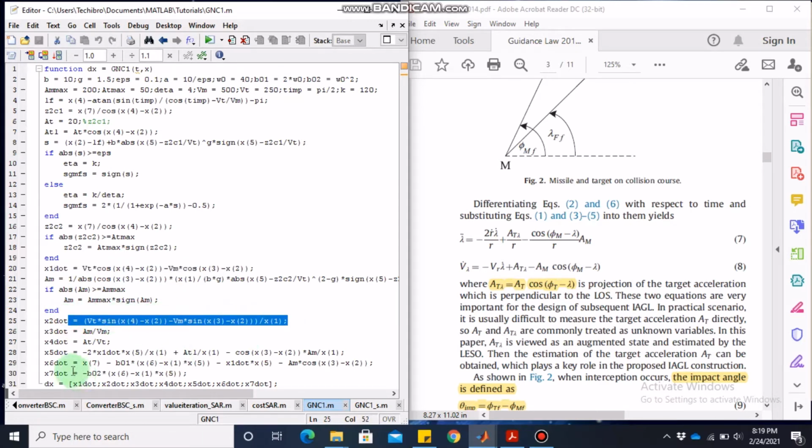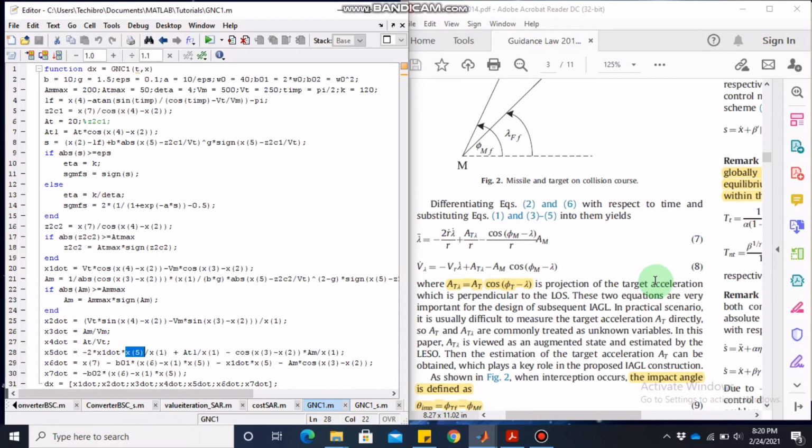But since the fifth state itself is lambda dot, x5 will also be lambda dot. So you can get lambda dot from the fifth state. The integration of this part of the differential equation will give you lambda dot. So the fifth state is lambda dot, and now states number 6 and 7 are z1 and z2.